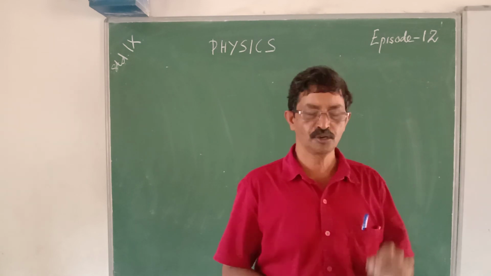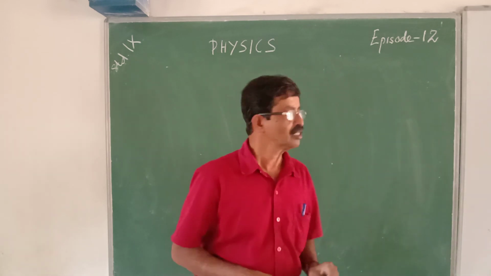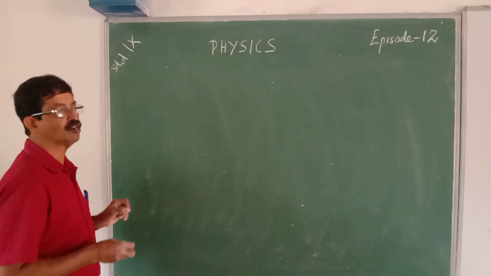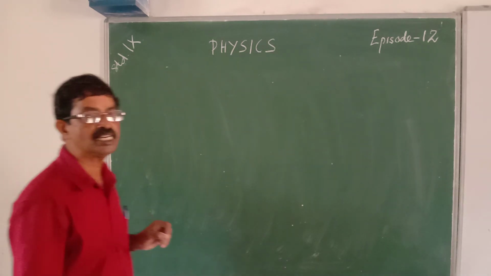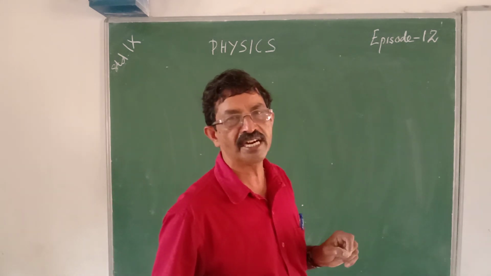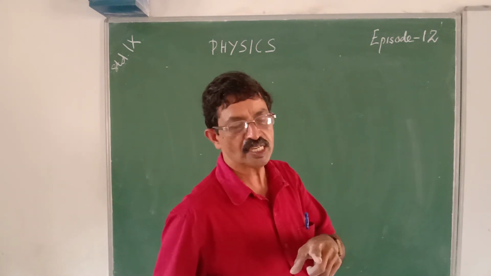Then the cube of the radius vector, sun to planet, is proportional to the square of the time period, which we also discussed.